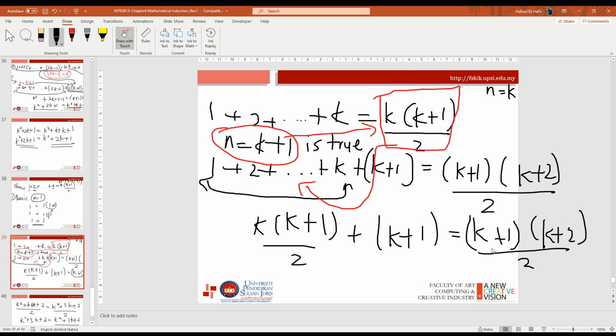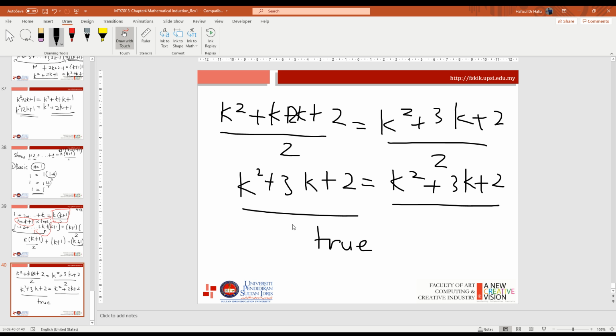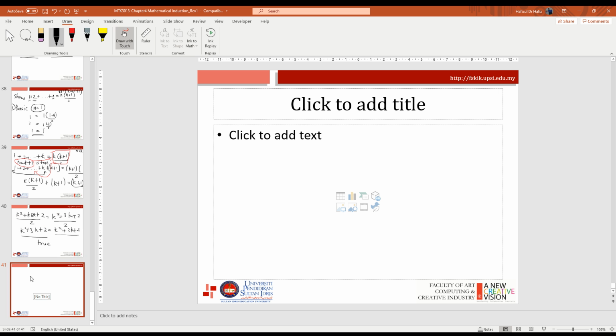So we got (k plus 1)(k plus 2). Okay, finally we got k power of 2 plus 3k plus 2 is equivalent to k power of 2 plus 3k plus 2.